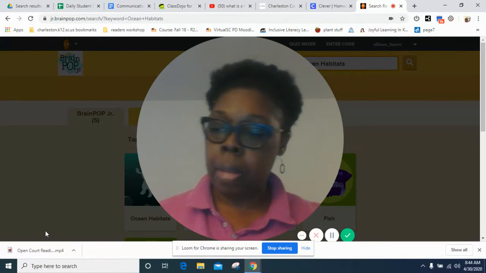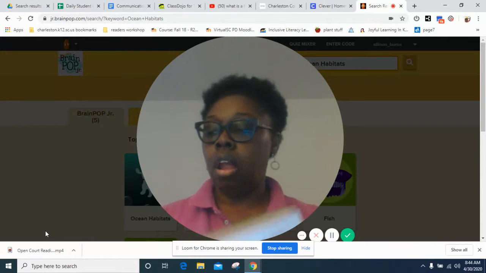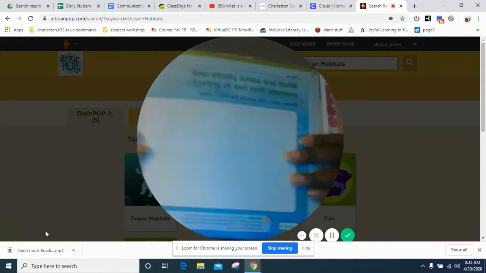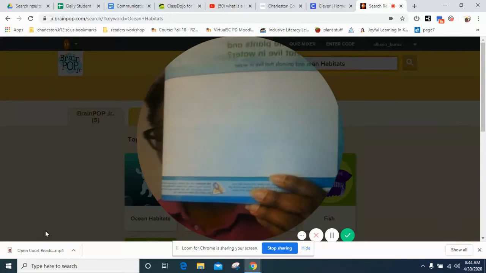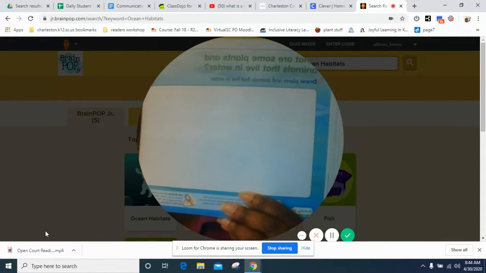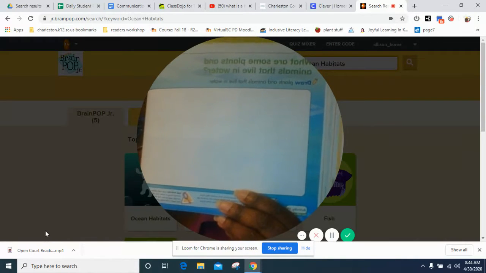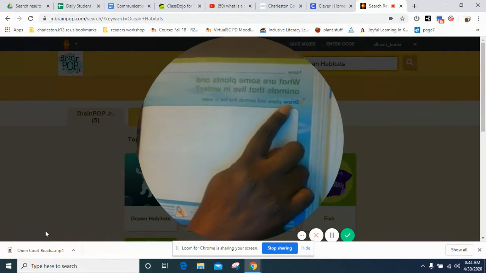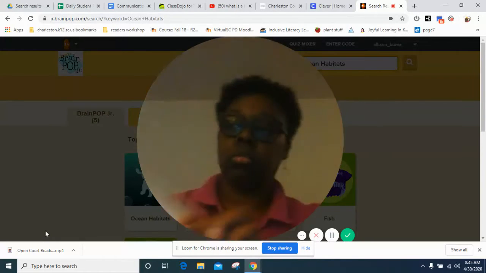There's that page, and then you're going to love what you need to do for this page. Look at that, it's an empty box. What do you think you're going to do for science today? I know you know this word. What is it? You are exactly right. Draw.